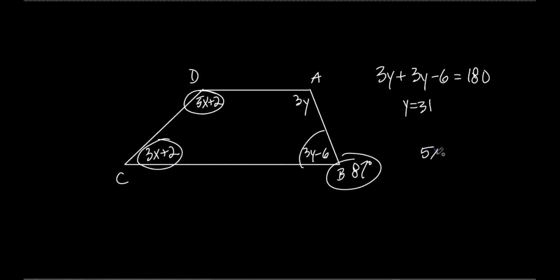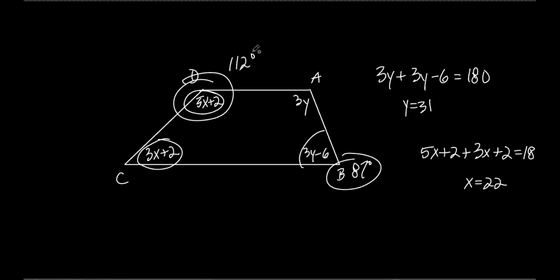So 5x plus 2 plus 3x plus 2. Set that equal to 180. Then you do your math, and you get x equals 22. After you do all that, you can do that on your own. And then it says find angle D, which is this one right here. Okay. And yeah, you plug it in, you work it out. Angle D is 112. There you go.